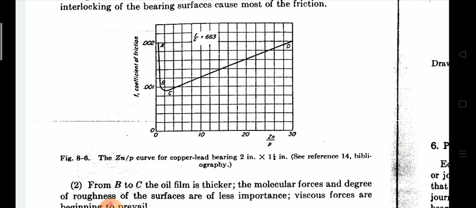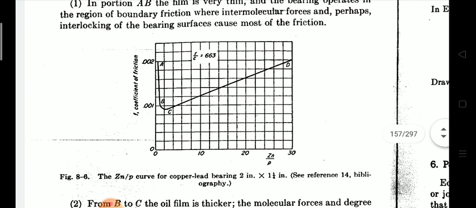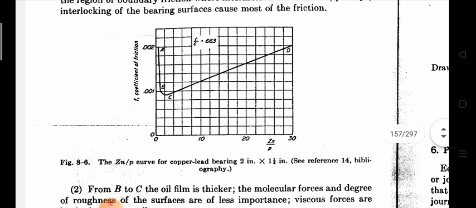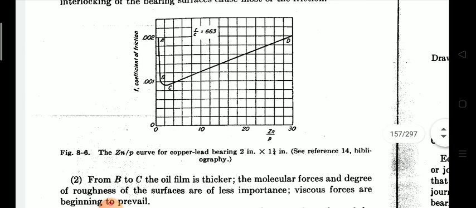So during B to C, the oil film thickness between the journal and bearing is going to be thicker, and during this type of lubrication between the bearing and journal, no external force is required to provide external lubrication to the bearing, right?